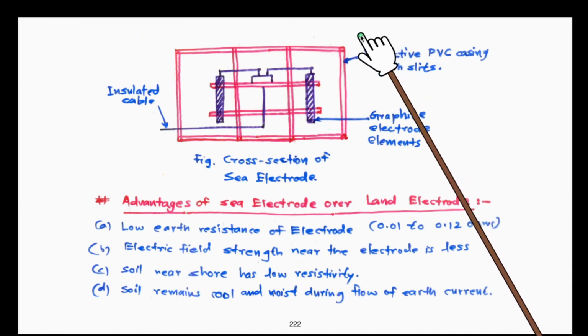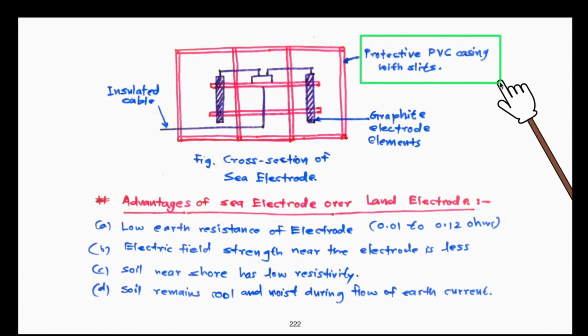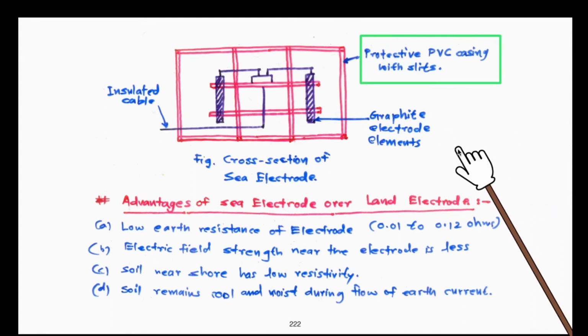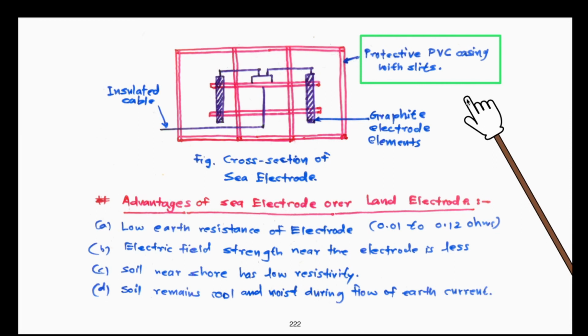inside a protective PVC casing, okay, with slits. So the PVC casing with slits is required in order to provide stability and safety under the sea, or near the shore, because the sea is a place where you have marine life which may come in contact with the electrode directly, or even human beings venturing near the seashore, maybe going fishing or other activities.